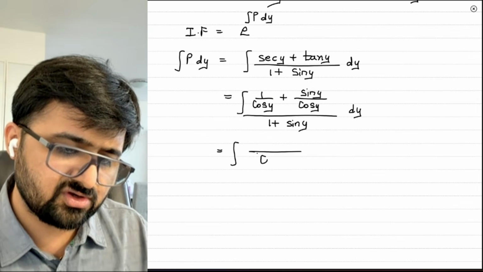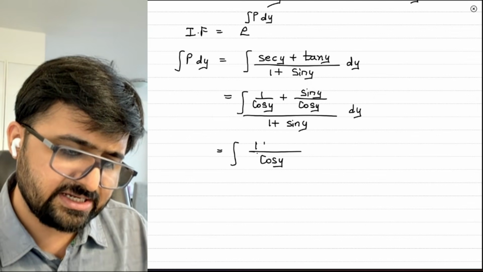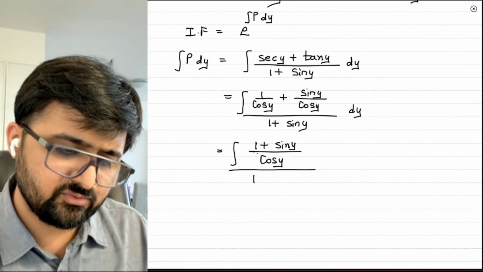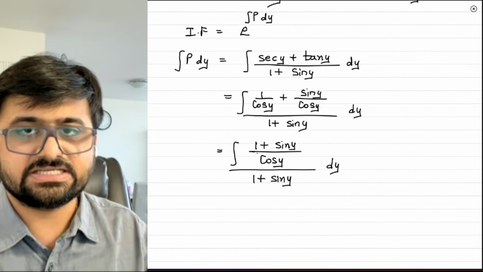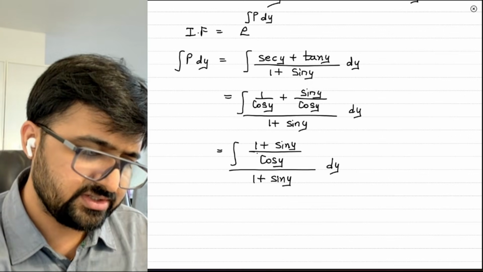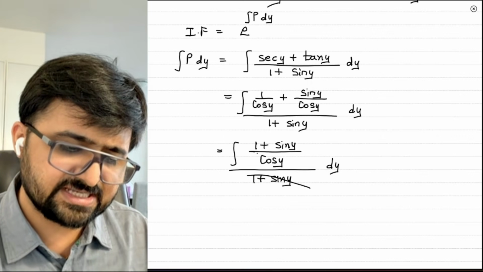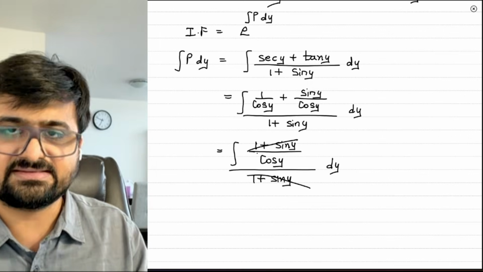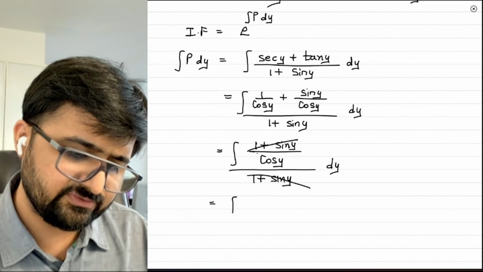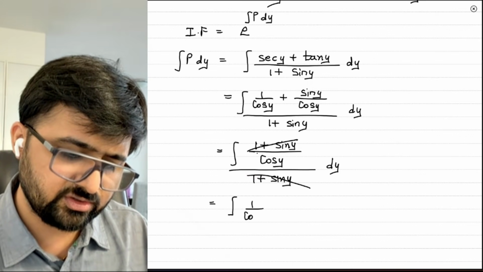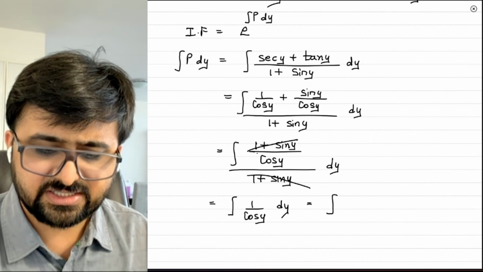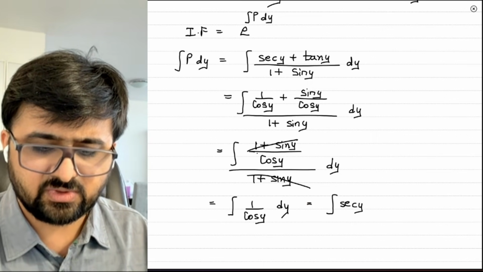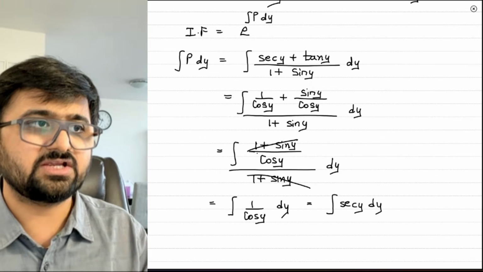So I have cos y and I have 1 plus sine y divided by 1 plus sine y, dy. Very easy so far. Now this 1 plus sine y and 1 plus sine y will get cancelled. So basically you are left with integration of 1 over cos y dy, which is nothing but integration of sec y dy.